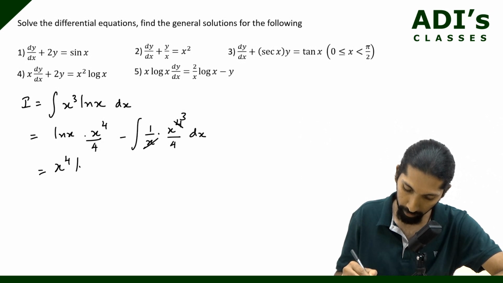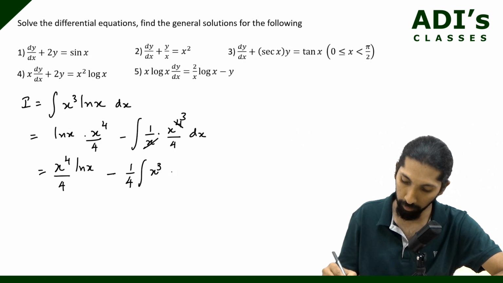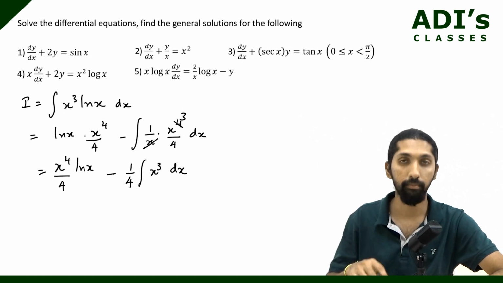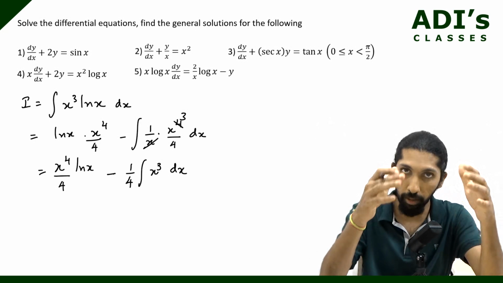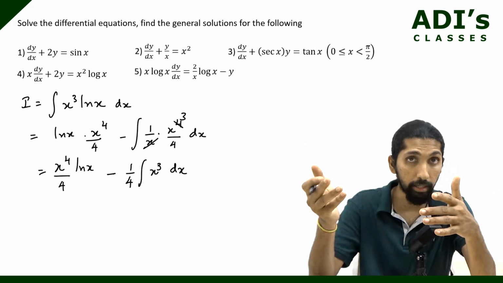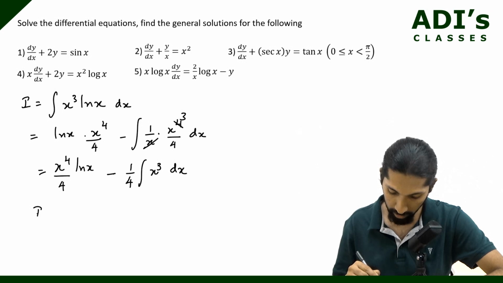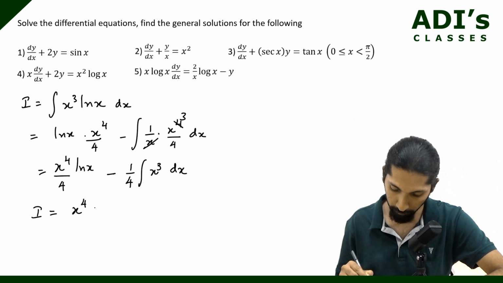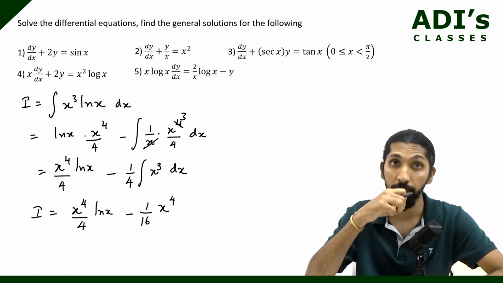X power 4 into log of x by 4 minus 1/4 of integral of x cube dx. I hope all of you have understood, because 1 by x and x to the power of 4 is going to get cancelled out. So what do we get? We're going to get I is equal to x power 4 into log of x by 4 minus 1 by 16 x to the power of 4, right?